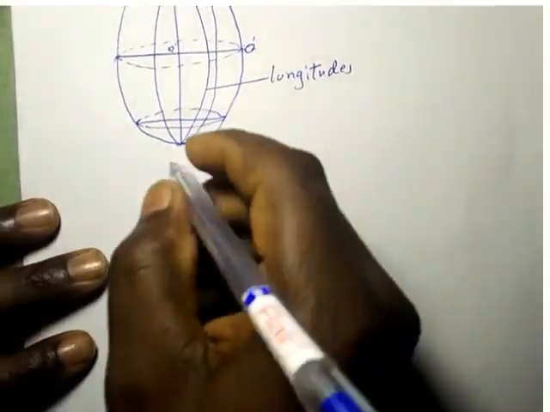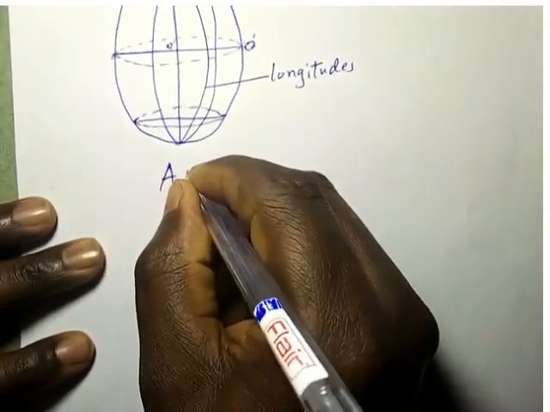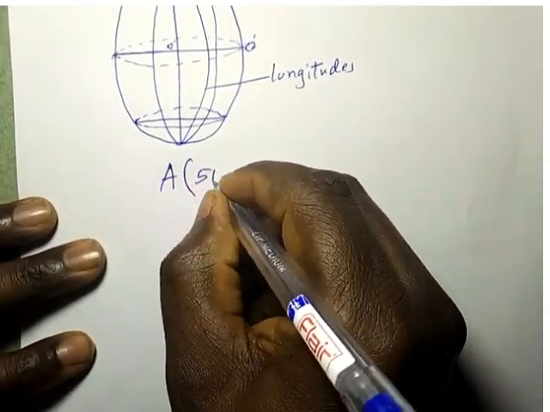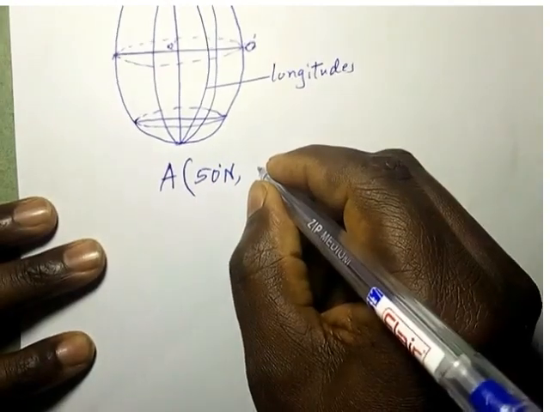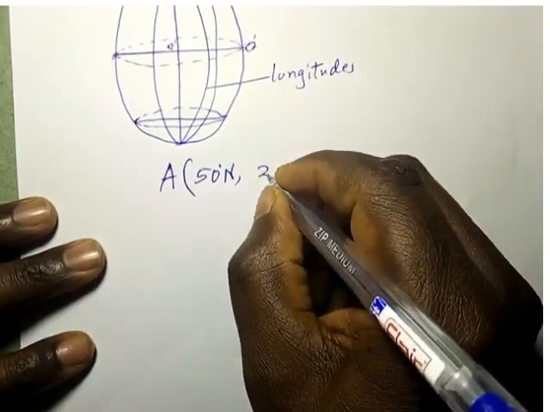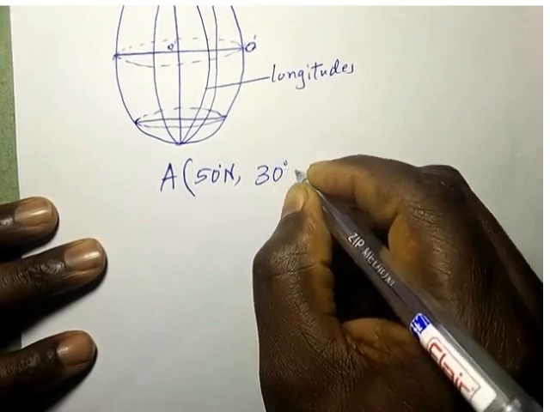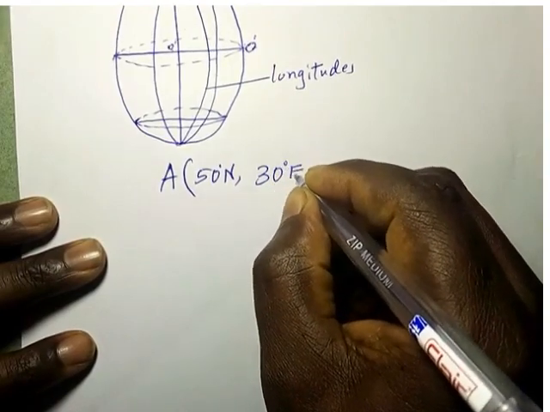So, for example, point A is at 50 degrees north, 30 degrees east.